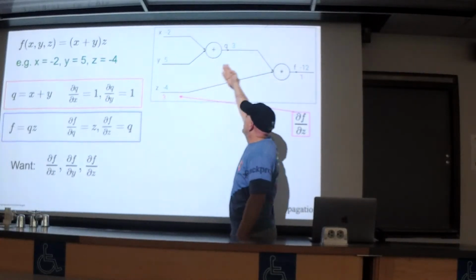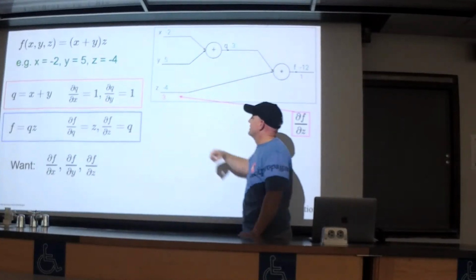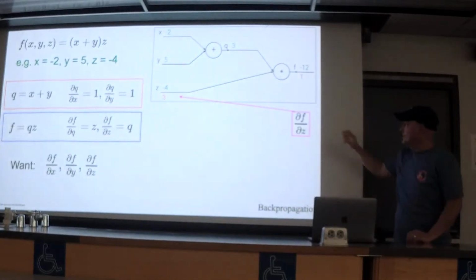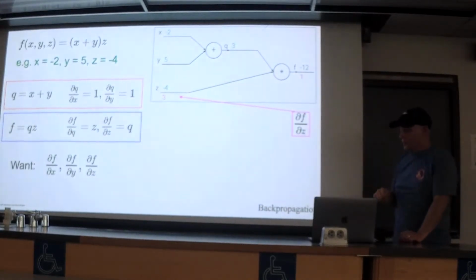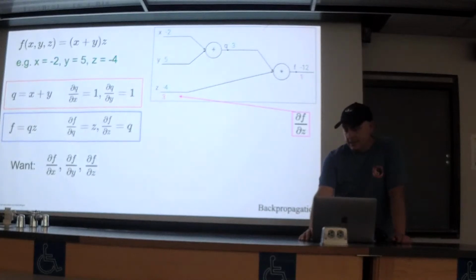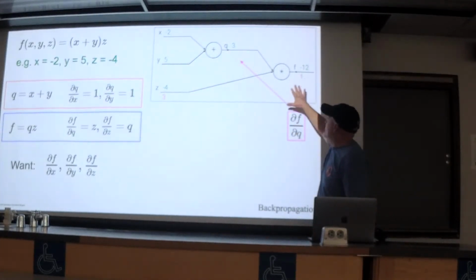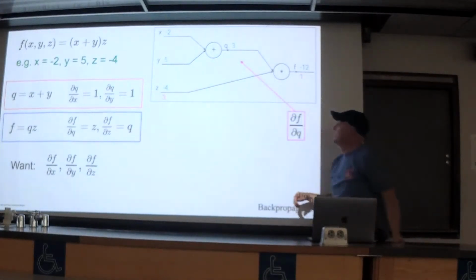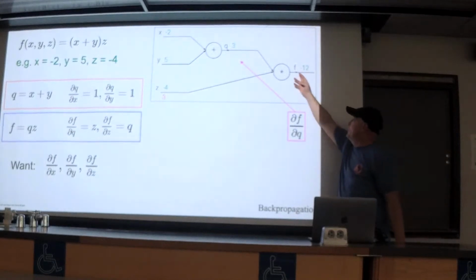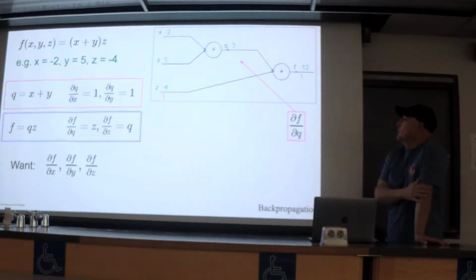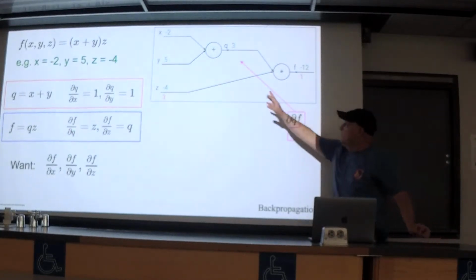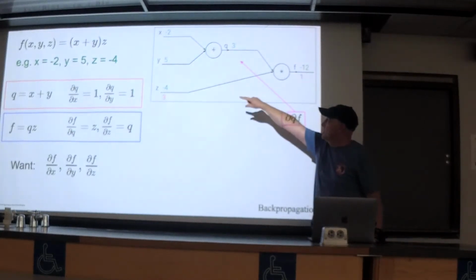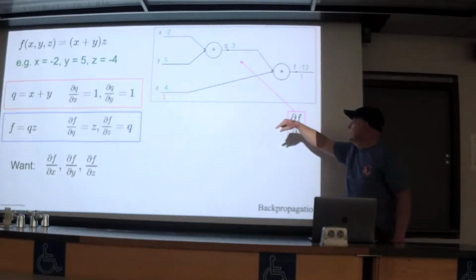We calculated it on the forward pass. It's 3. So I have the partial of f with respect to z is 3, and there's a null operation happening here, which is like the product of this and this. The reason we're being pedantic about this will show up a little bit later as we get more into this algorithm. Okay, so we want the partial of f with respect to x, and the partial of f with respect to y.